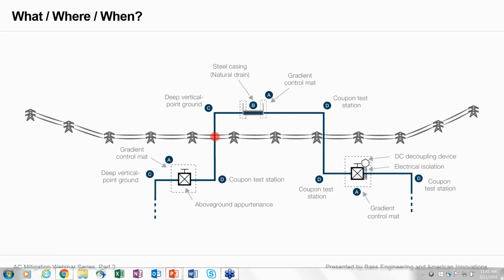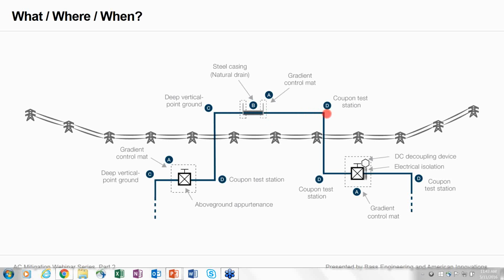As we cross the HVAC system, you see another point of intersection. This particular design is calling for a deep vertical point ground here. And then we've conveniently located a road crossing with a casing. So we're going to incorporate gradient control mats and connections to the casing here. Again, remembering to use our decouplers as designed.